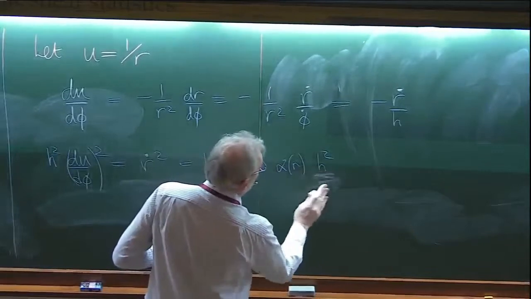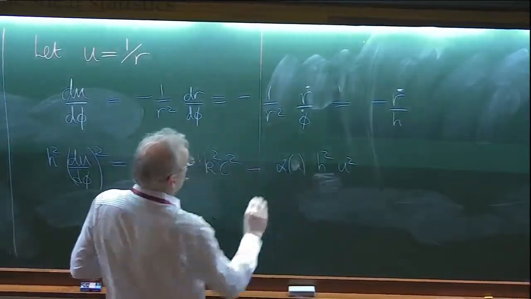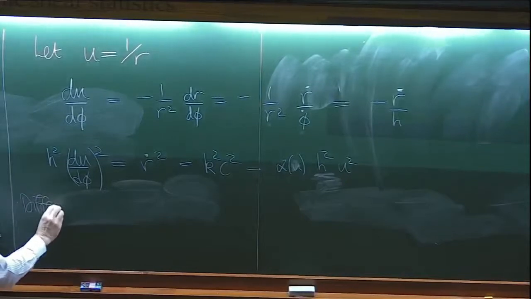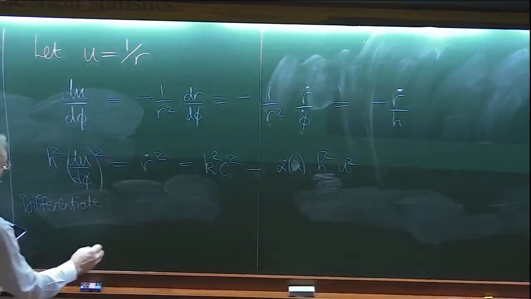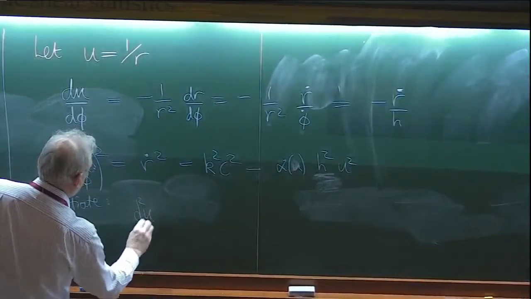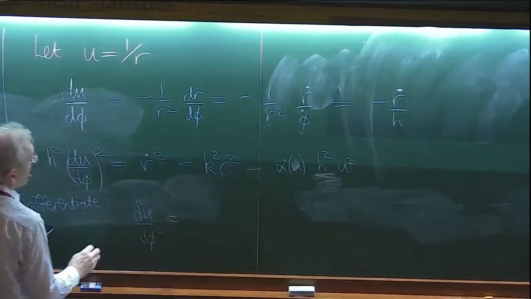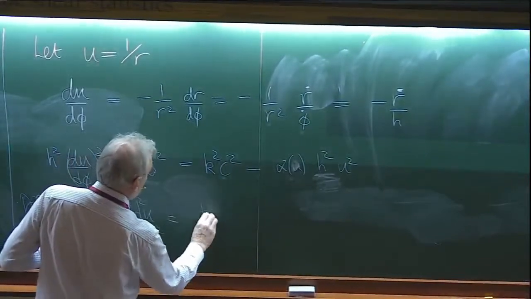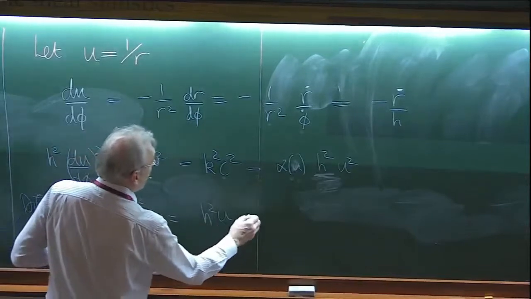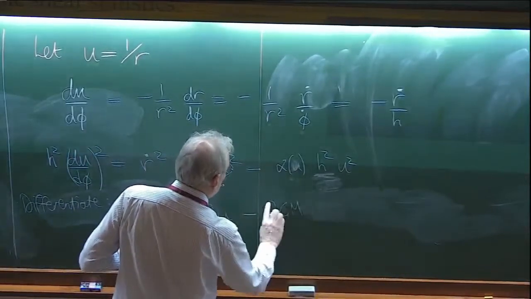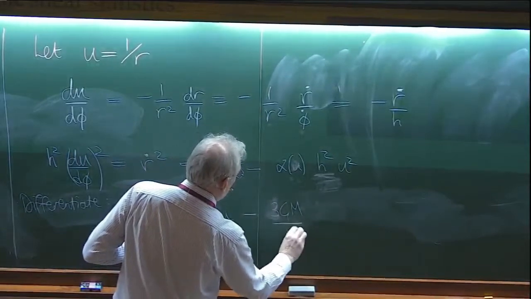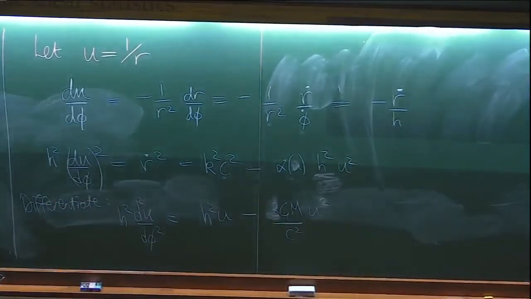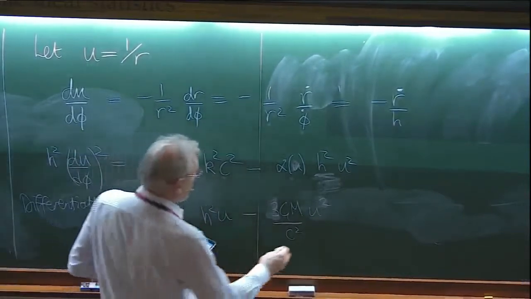So we can write this 1 over r squared as u squared, and alpha is now a function of u. So if we differentiate this, we can get an equation of motion, if you like. So this term disappears. There are two terms that come from this, and an h squared.